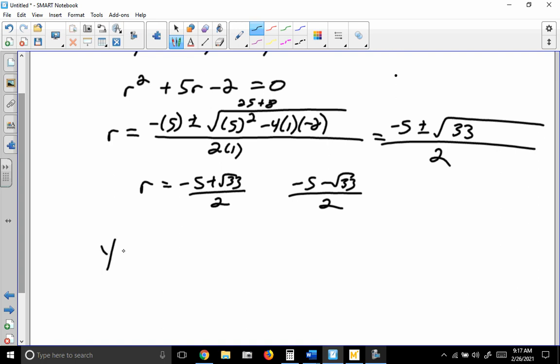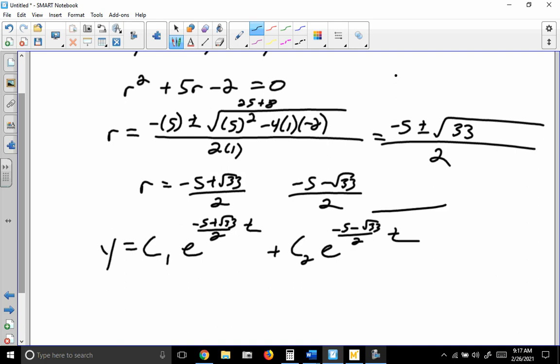So our solution is going to be y equals c1 e to the negative 5 plus root 33 over 2 t plus c2 e to the negative 5 minus root 33 over 2 t. So regardless of how messy or simple our solutions are to our characteristic equation, we take those values of r, and that becomes e to the rt for each of those.